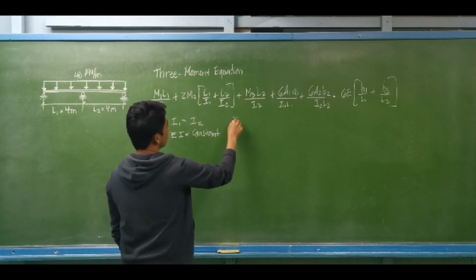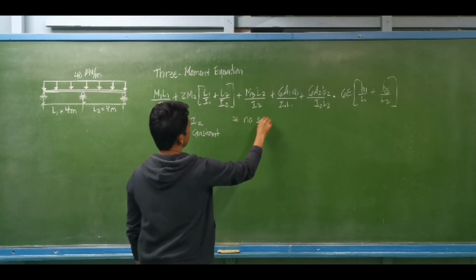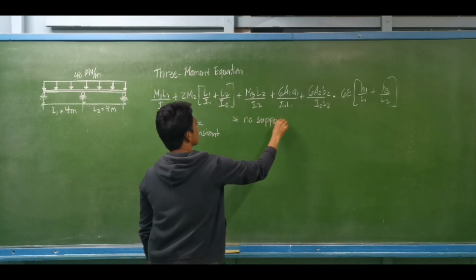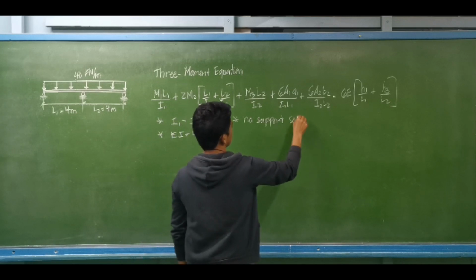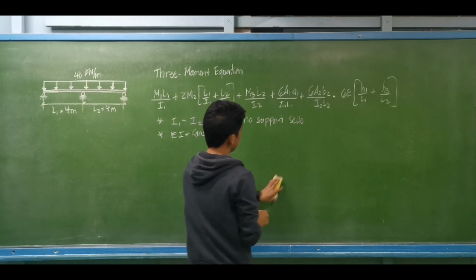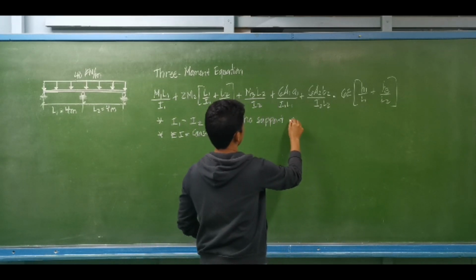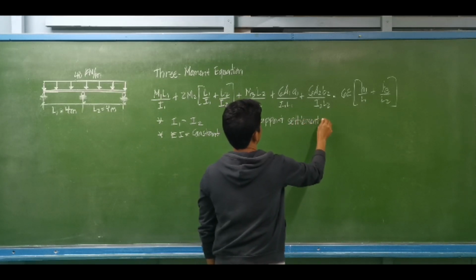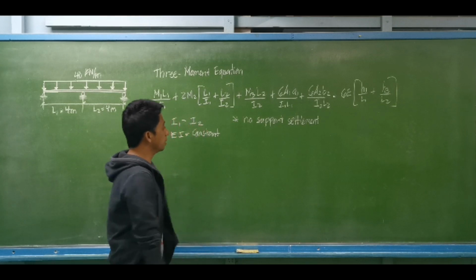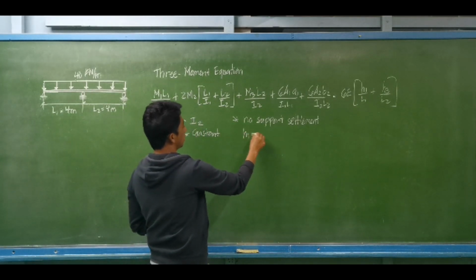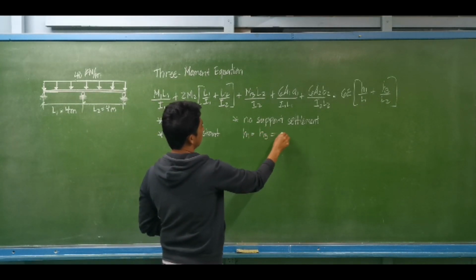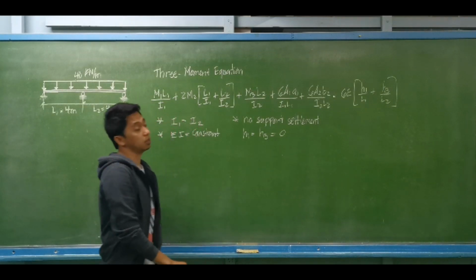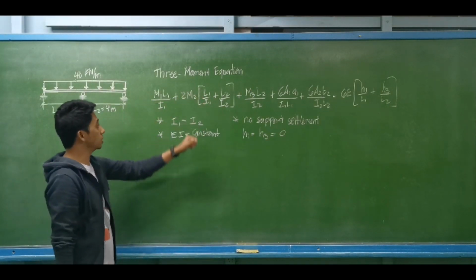And for the cases that we have no support settlement, we may assume that H1, the same as H sub 3, will be equal to 0. Then we can simplify this equation.